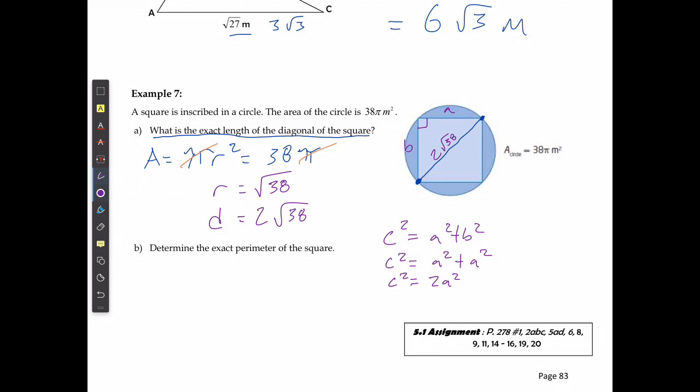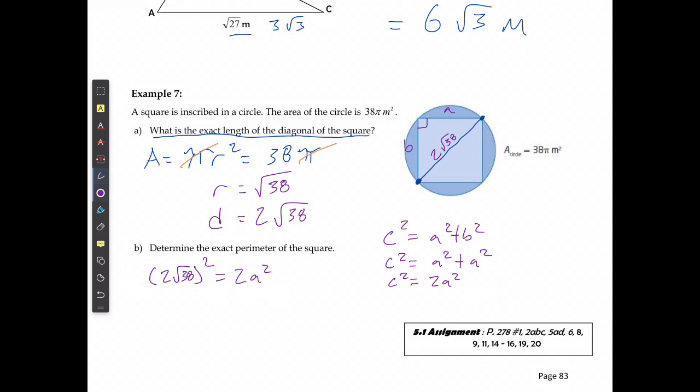So then I can say, well, I'm going to state that 2 times the square root of 38 squared is equal to 2 times a squared.